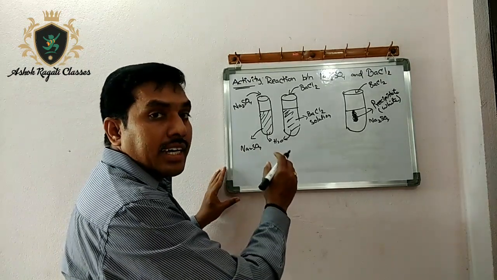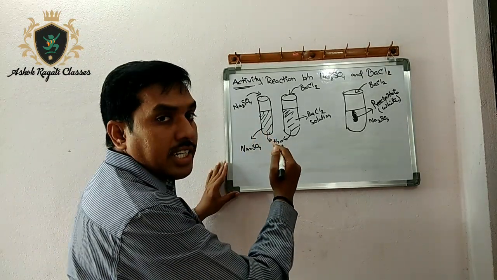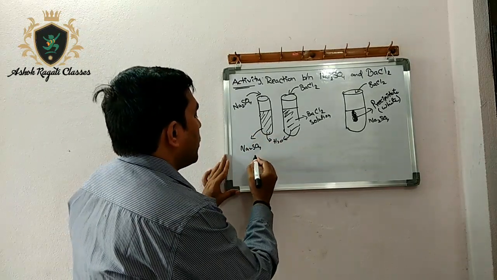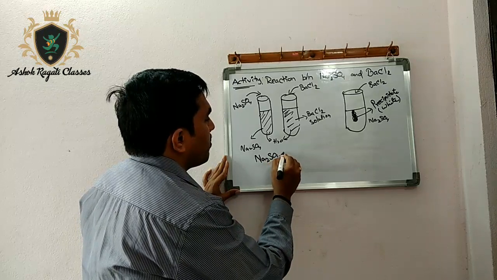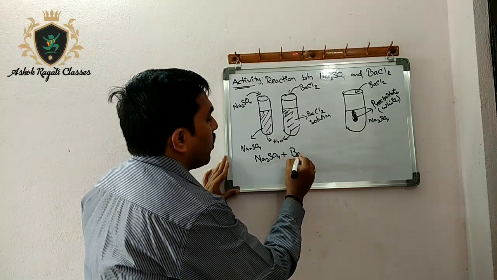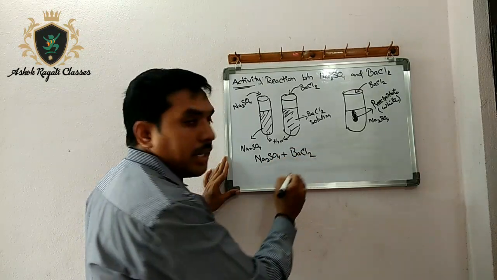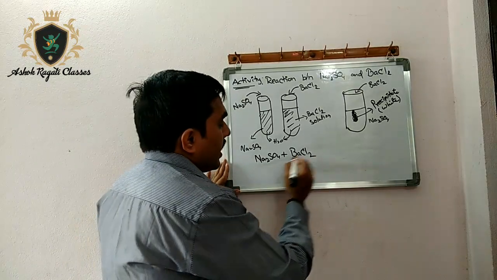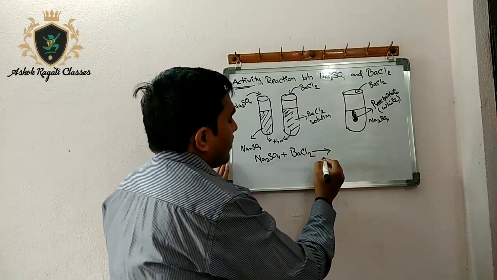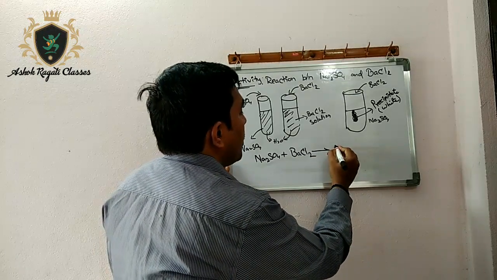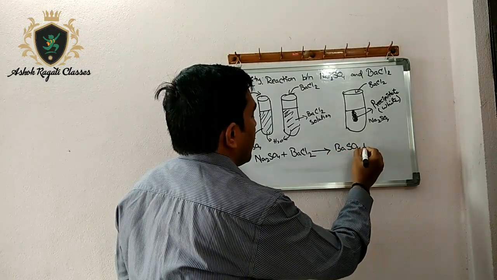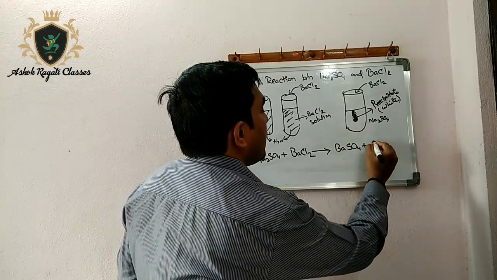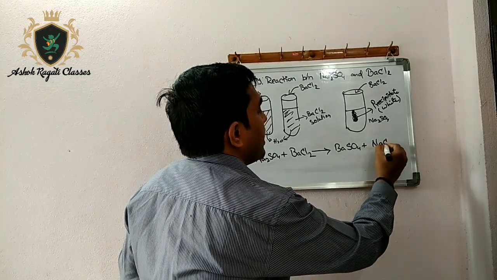Let us see what reaction is going on here. Na2SO4, sodium sulfate, plus barium chloride are reacting with one another and producing BaSO4, barium sulfate, plus NaCl.